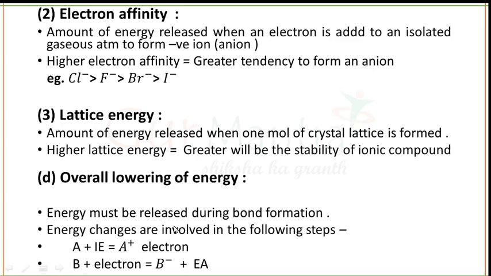Next, we have another important factor, that is electron affinity. As you know, electron affinity is the energy that is released when an electron is added to a particular atom. And when an atom gains an electron, it becomes a negative ion, that is known as anion.